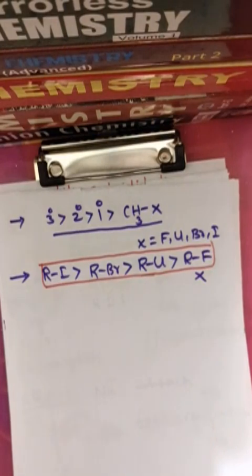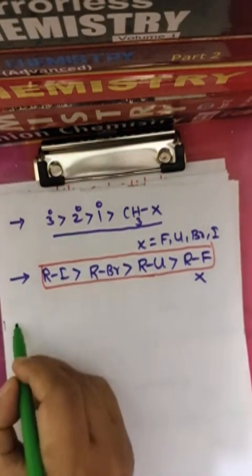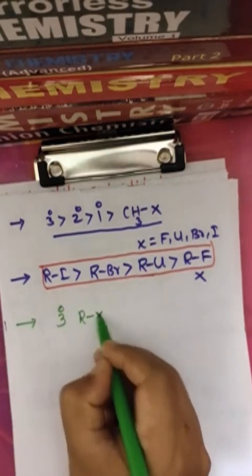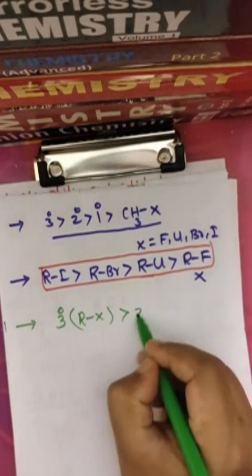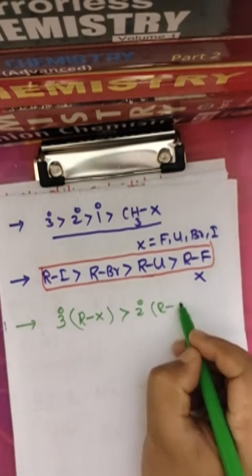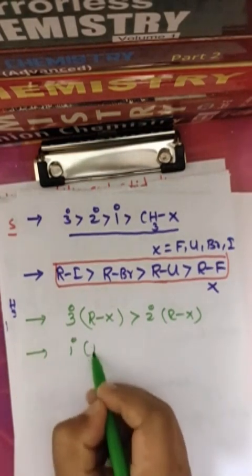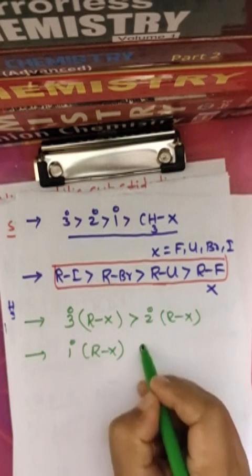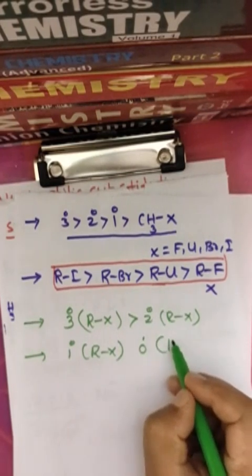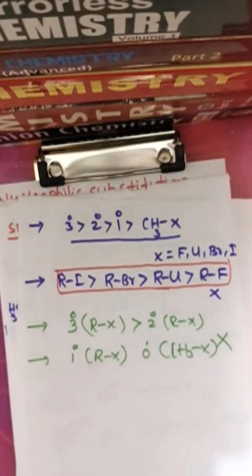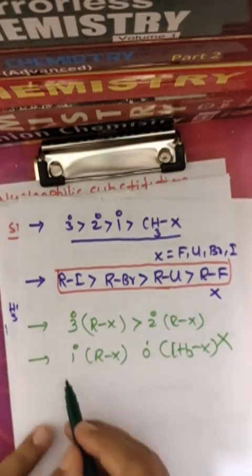Similarly, we discussed that 3 degree is more reactive. 3 degree alkyl halides are more reactive than 2 degree alkyl halides. Almost 1 degree alkyl halide and 0 degree alkyl halide reactivity towards SN1 is almost 0.